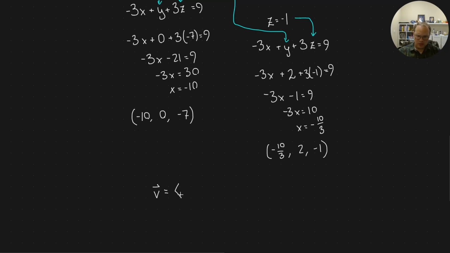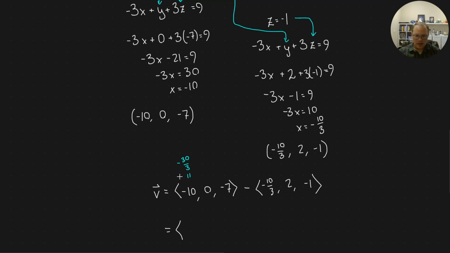So I think I'll just do negative 10, 0, negative 7 minus negative 10 thirds to negative 1. Okay, the first one's the trickiest, negative 10 minus negative 10 thirds. You need a common denominator. Negative 10 is the same as negative 30 thirds.